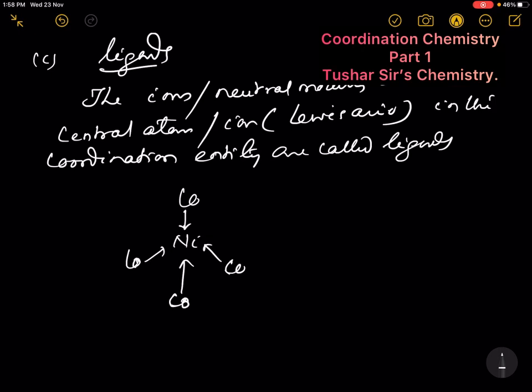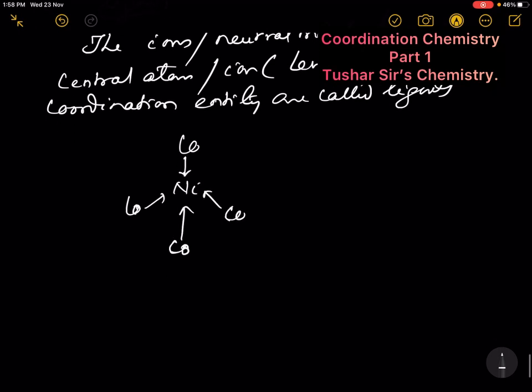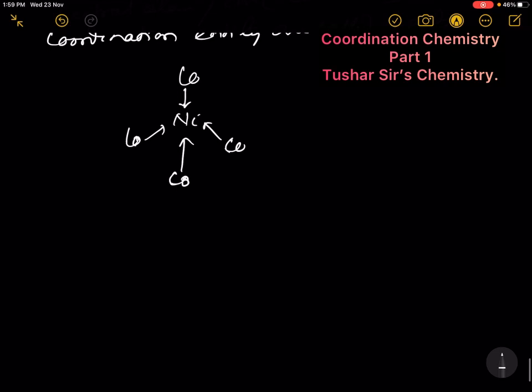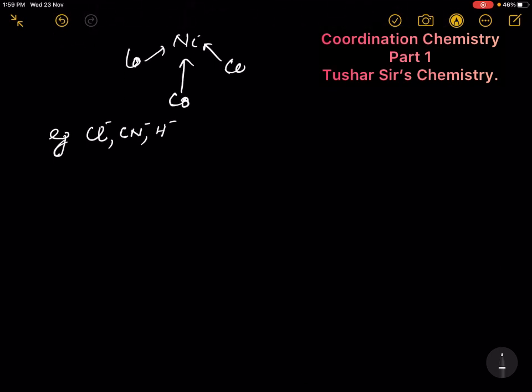Examples of ligands: Cl-, CN-, H-, F-, Br-, etc., or ammonia, water, etc. These are neutral molecules, these are ions.